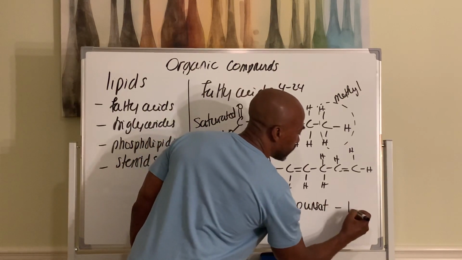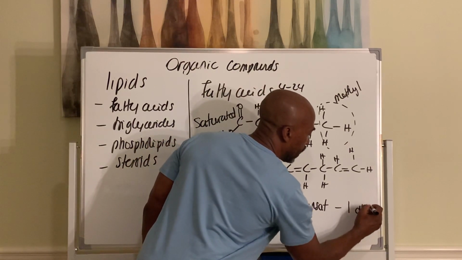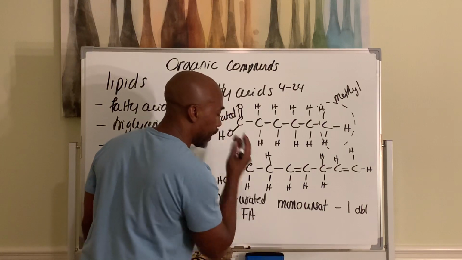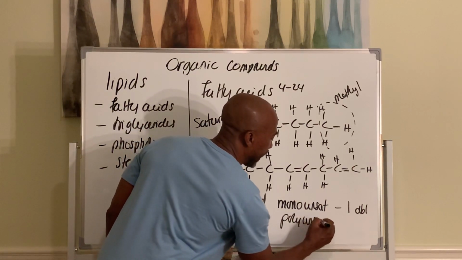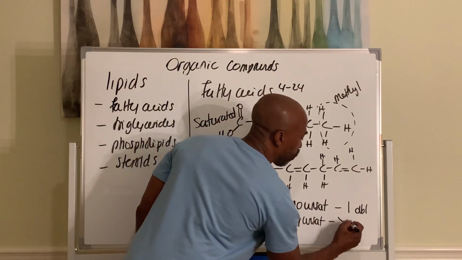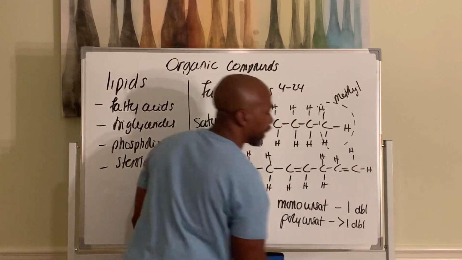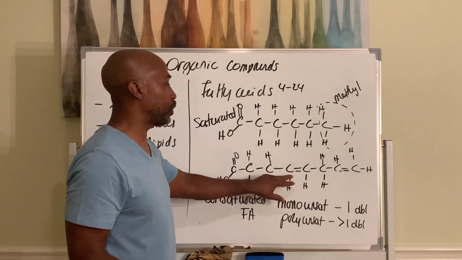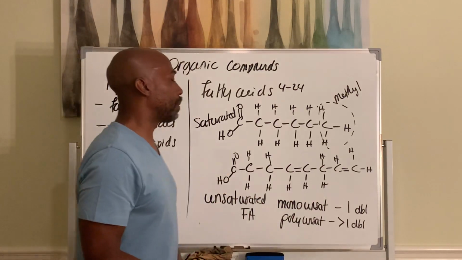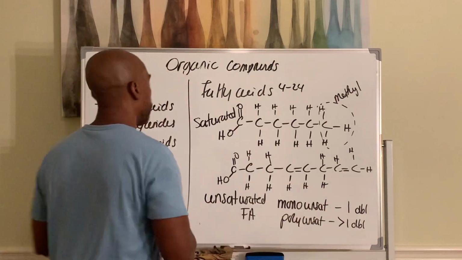That's one double bond. If you have more than one, we call it polyunsaturated. That's greater than one double bond. So this would be a polyunsaturated fat because you have at least two double bonds in the chain. Okay, so that's fatty acid.